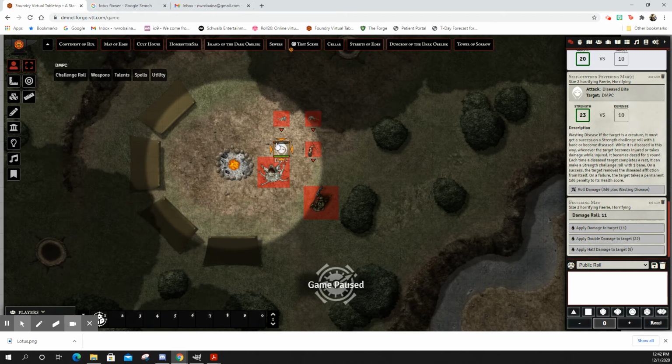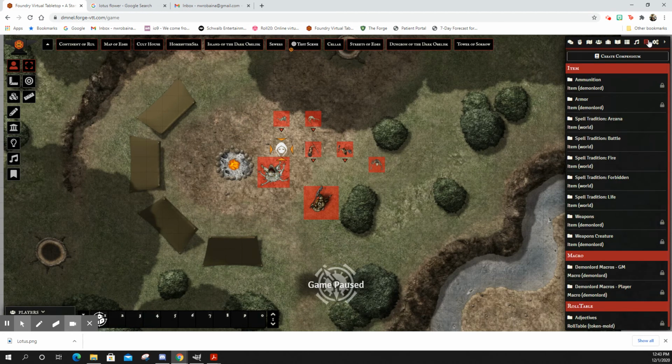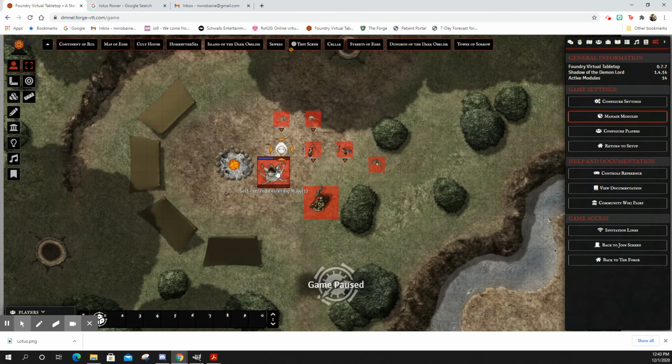So once that is done, you want to be sure to unselect or deselect the character. And if you have the module called deselection, you can just click anywhere in the background and you can get rid of whoever is selected. But it doesn't get rid of the targeting.